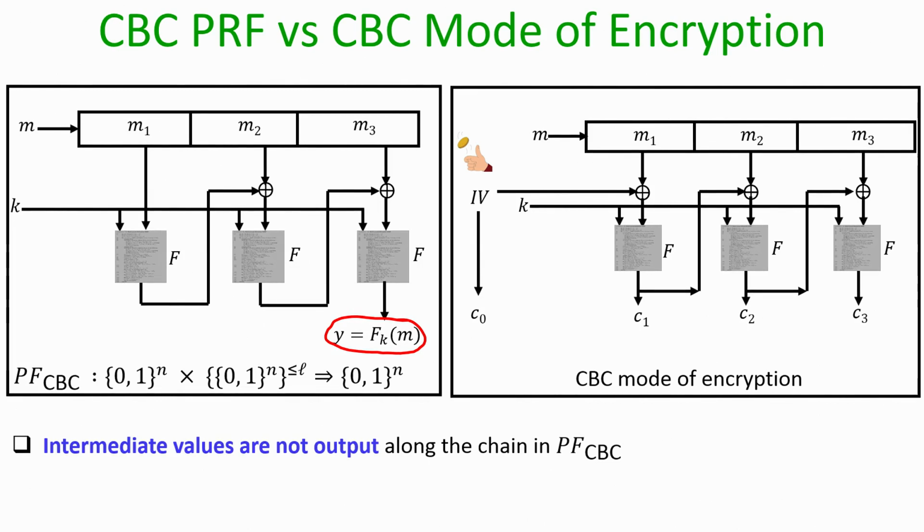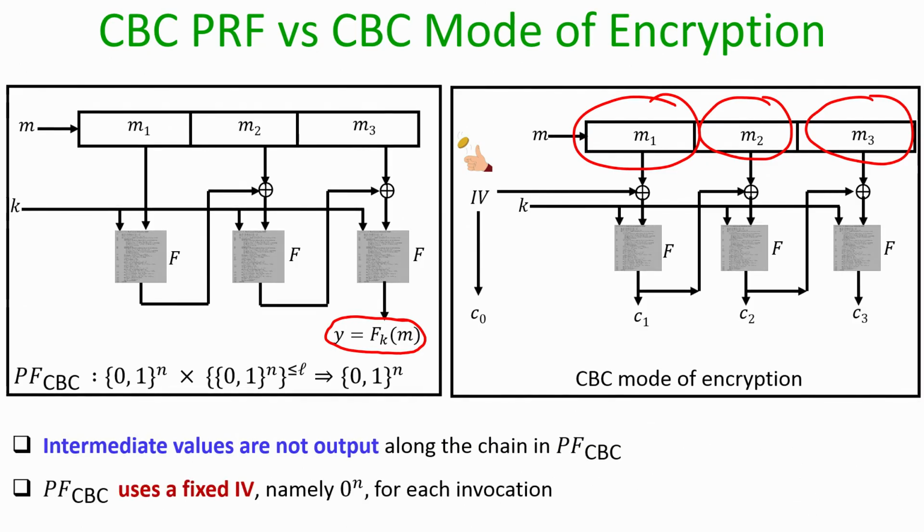This is because in the CBC mode of encryption the goal is to encrypt each of the individual blocks. So, that is why we need to output the intermediate outputs of the PRF. But when we consider the CBC PRF, our goal is to compute a fixed size output for the overall message. So, it is not necessary to output the outputs of the intermediate invocations of the PRF. So, that is the first difference.